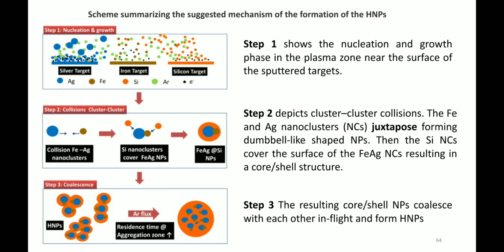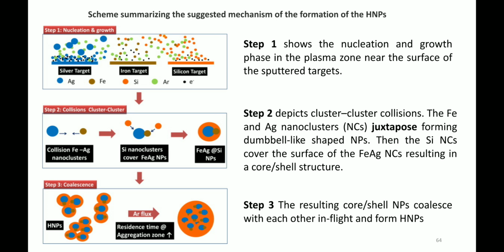So the argon is equally present on top of all these metal targets. Okay, and once they are sputtered, the iron, silver, and silicon atoms are sputtered out, vaporized in the form of a gas, and near the surface of these targets inside the plasma there is nucleation and growth of these nanoclusters taking place.